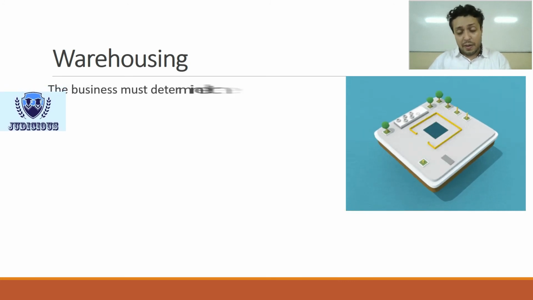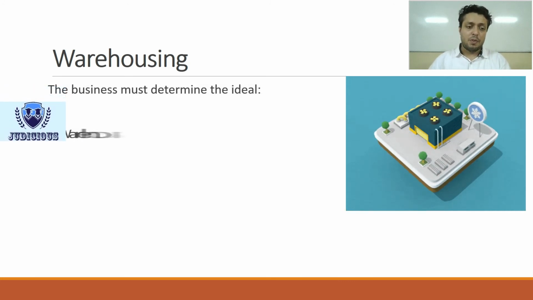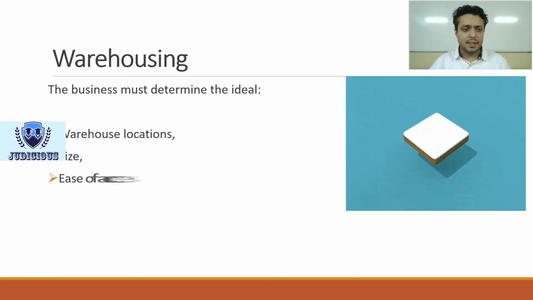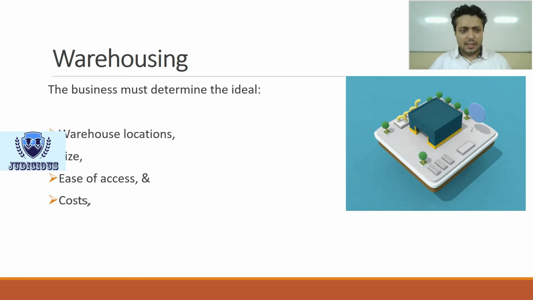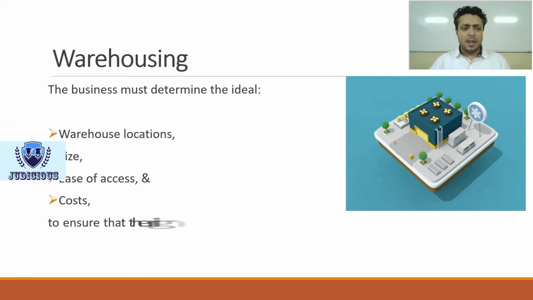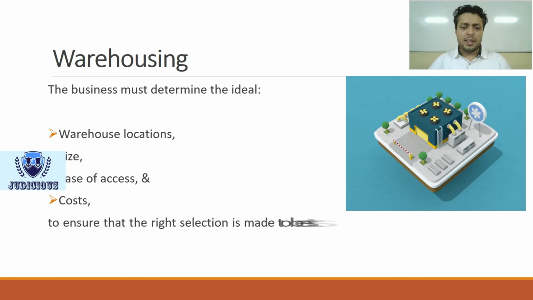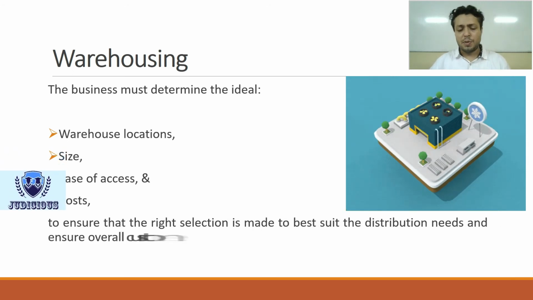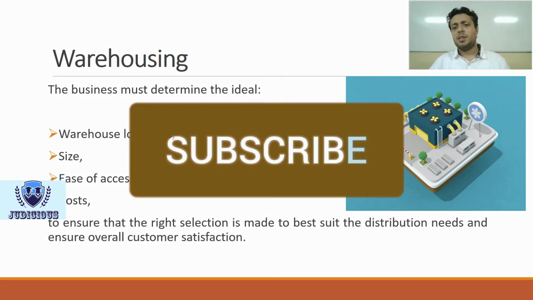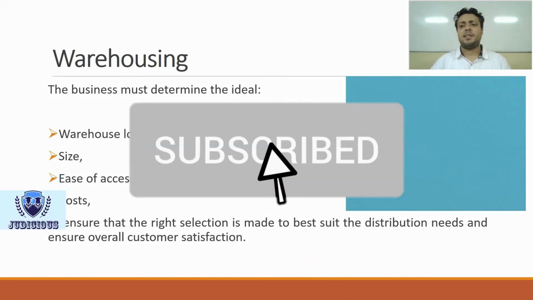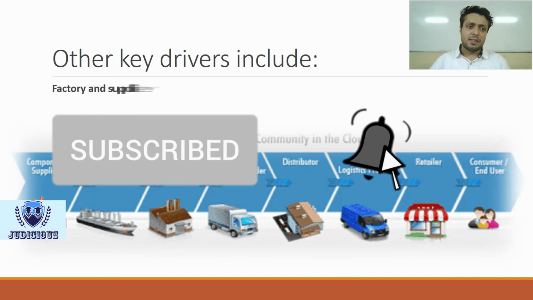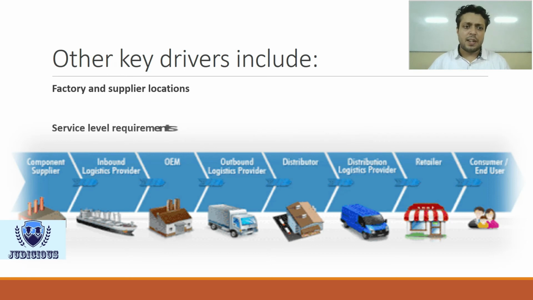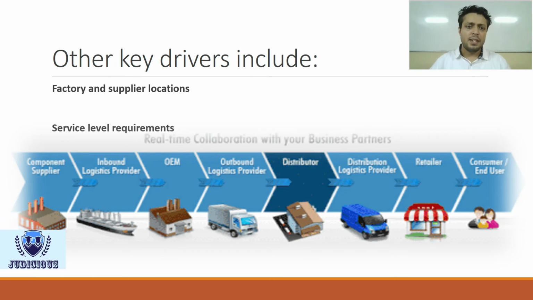The business also has to take care of an ideal warehouse location, its size, ease of access, and the costs, to ensure that the right selection is made to best suit the distribution needs and therefore ensure overall customer satisfaction. There are other key drivers like factory and supplier location and also service level requirements. So these are certain drivers for this.